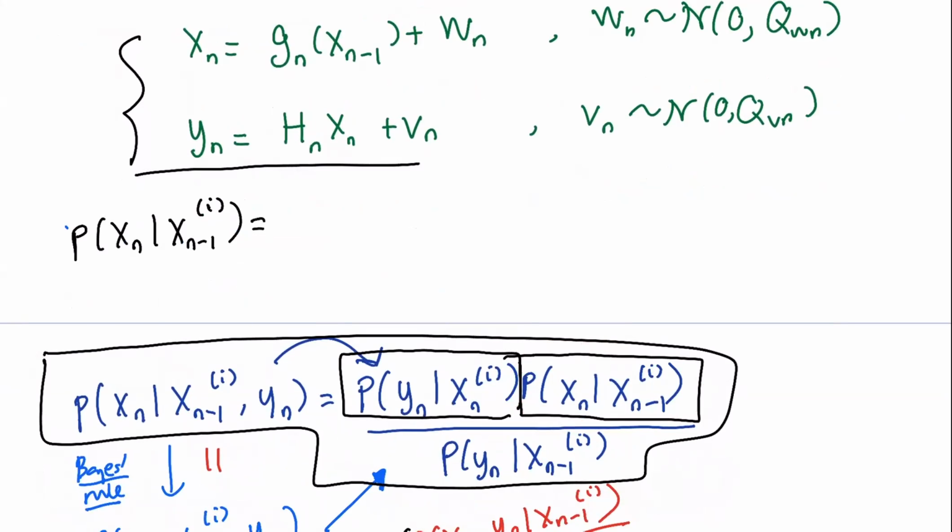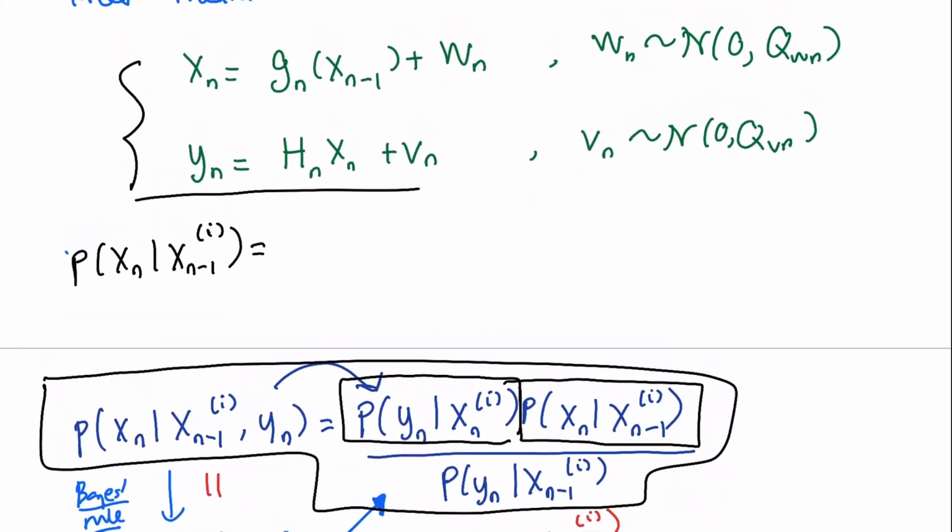So in this model, what is this distribution? Right. It's like the previous example, except even simpler because the measurement model is actually a linear function.